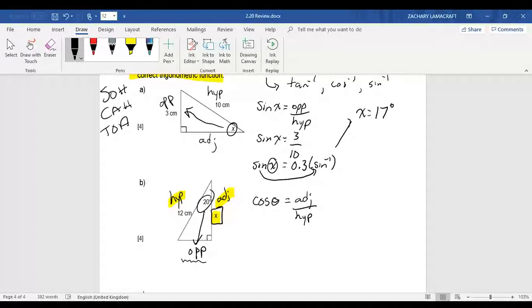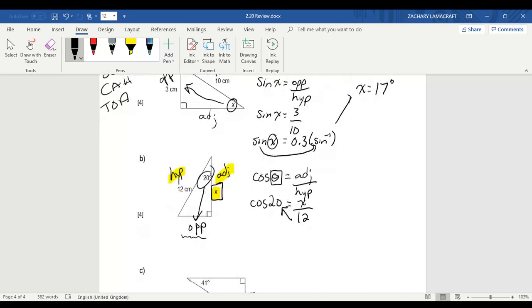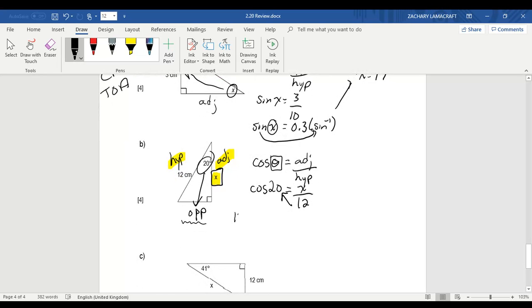Cosine equals adjacent over hypotenuse. Okay. So in this case here, we have the angle already, right? And that angle being 20. So cos 20 is equal to adjacent, which we don't know, which is x. And we know that hypotenuse is 12. So once again, it's x divided by 12. We want x by itself. So we bring that over, and the opposite operation is multiplication. So it'd be 12 times cos 20 equals x.